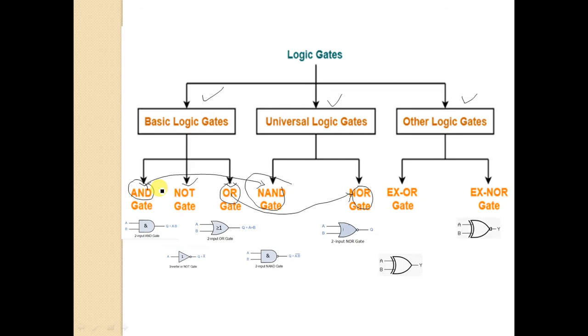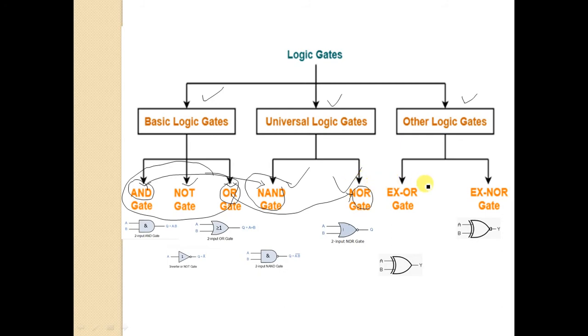We need to use multiple gates when we are implementing any circuit with only basic gates. But if you are implementing any logic using NAND or NOR gate, then a single gate type will be used to generate any equation.